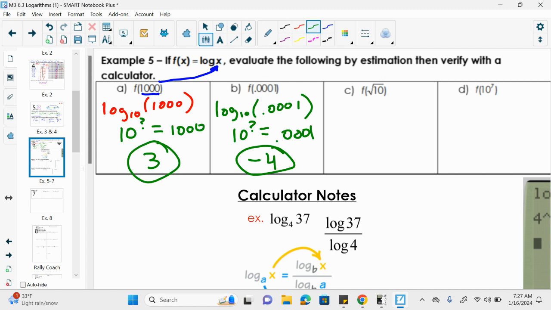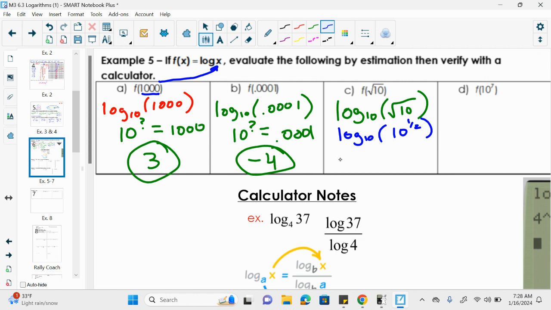Try another one. Square root of 10 going in for x. So we'd have log base 10 of square root of 10. Well, square root of 10 is like saying 10 to the 1/2 power. So log base 10 of 10 to the 1/2 power.